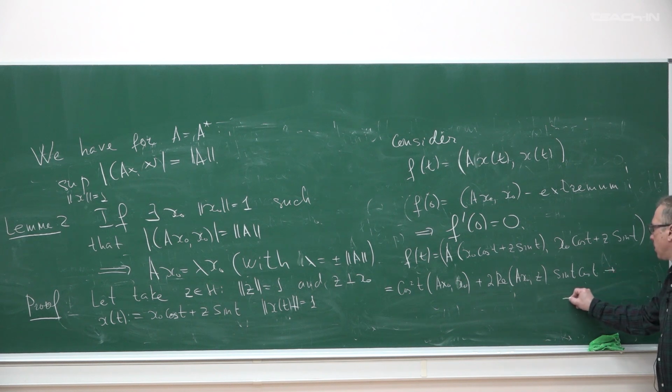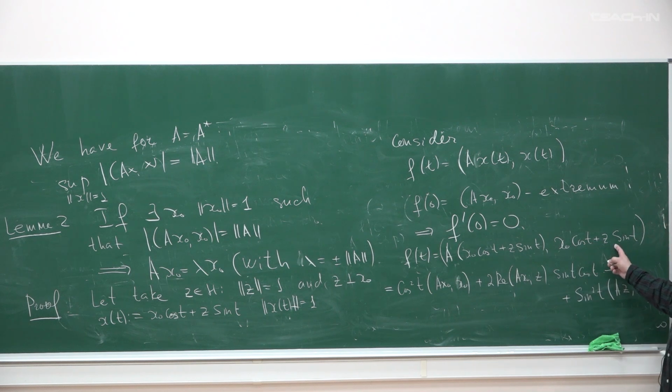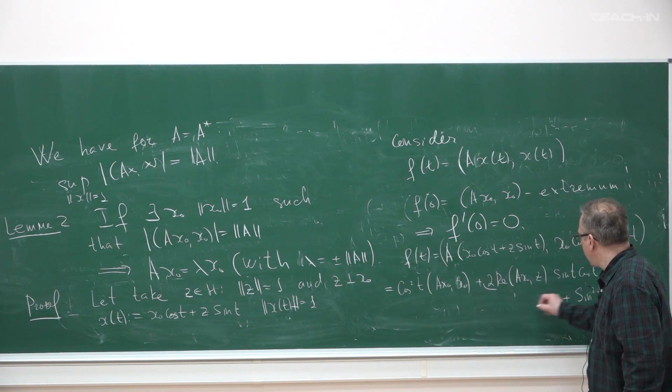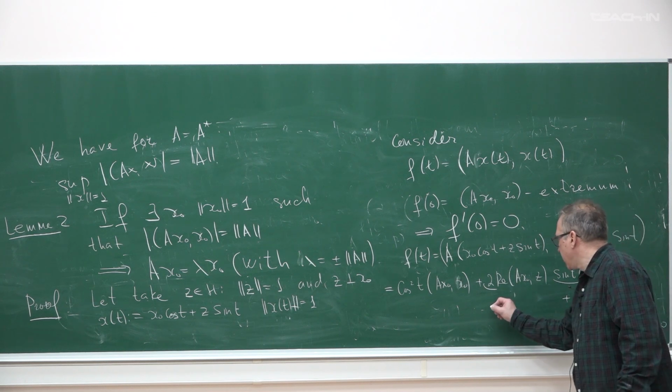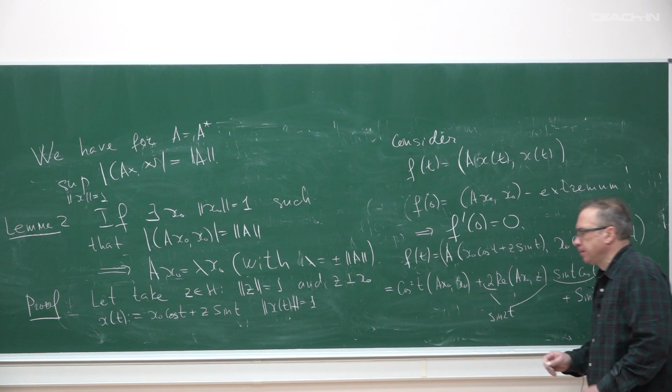And plus sine square t on the quadratic form for vector z, this A z, z. So sine square is outside. And this can be written as sine 2t.